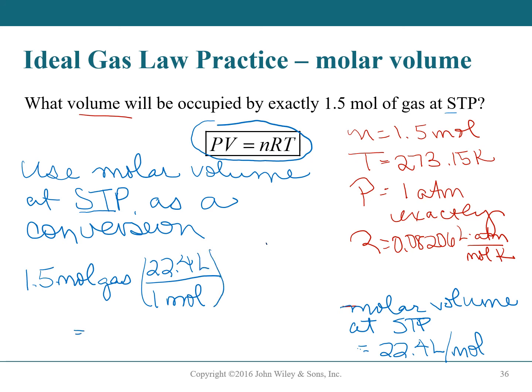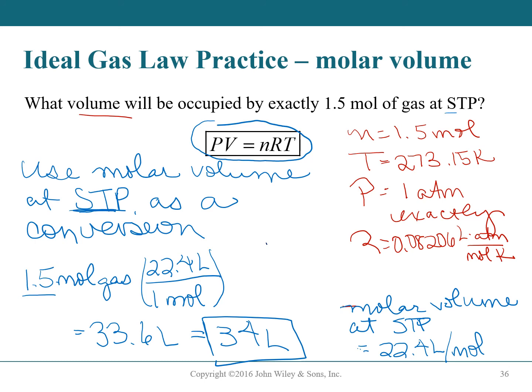So what we would get is 33.6 liters, and since this is two significant figures, we would get 34 liters. So in either case, either directly using the ideal gas law or using the molar volume at STP, you will get the same answer.